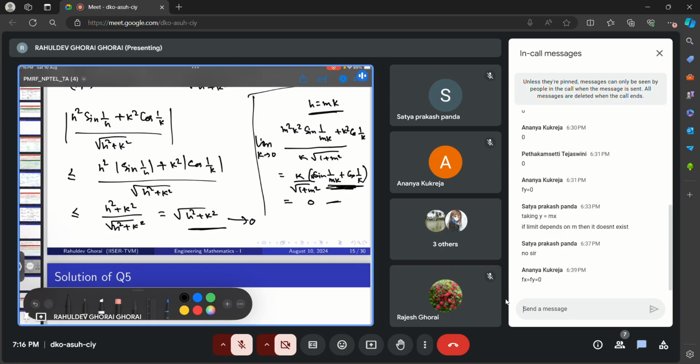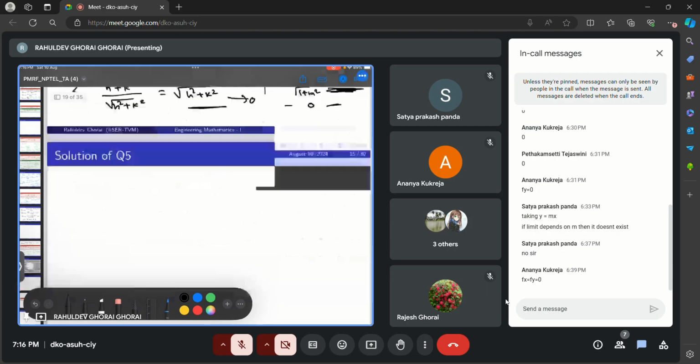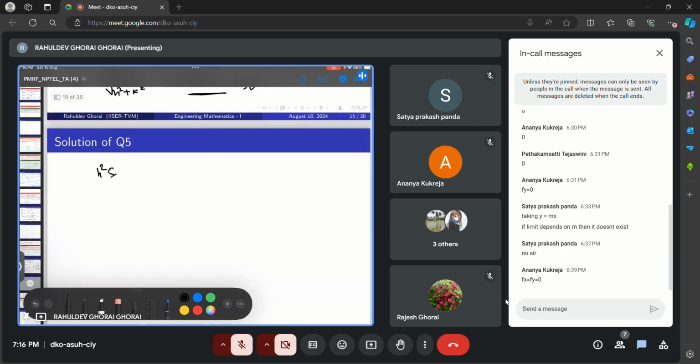So what does that imply? That implies, for the limit of what we got, h square sine 1 by h plus k square cos 1 by k over square root of h square plus k square, that the modulus is less than or equal to square root of h square plus k square.